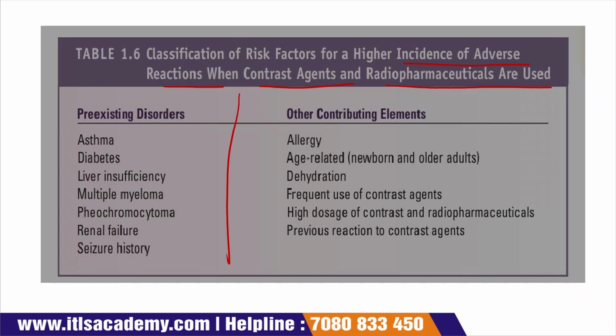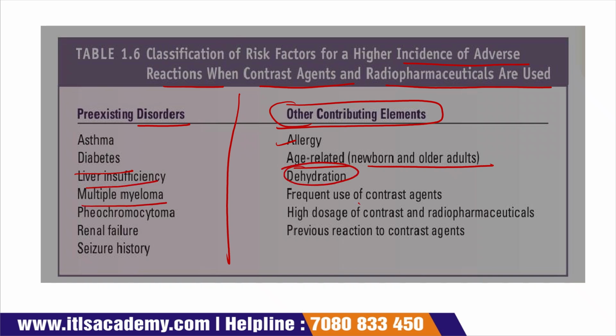The first table is for pre-existing disorders and the second table is for other contributing elements: asthma, allergy, diabetes, age-related factors, newborn and older adult, liver insufficiency, dehydration, multiple myeloma, frequent use of the contrast agent, pheochromocytoma, high doses of the contrast and radiopharmaceuticals, renal failure, previous reaction to the contrast agent, and cesarean history. So these are the tables.